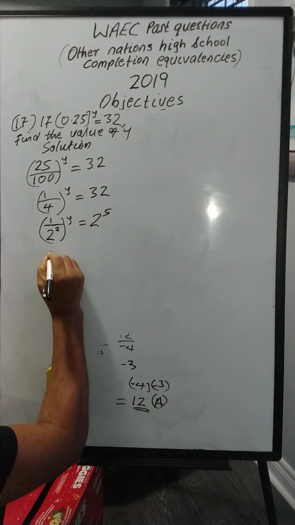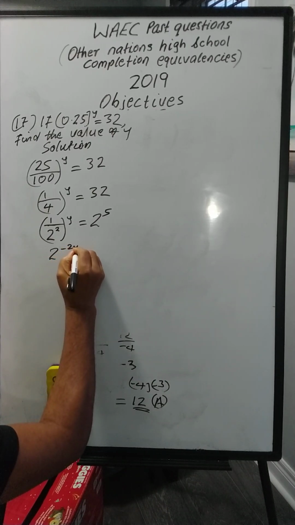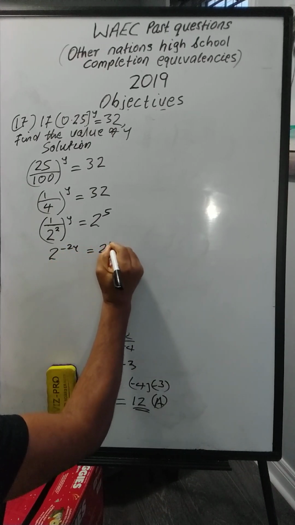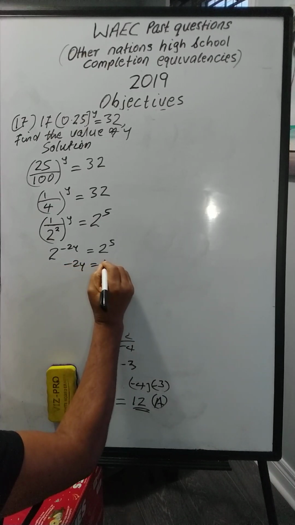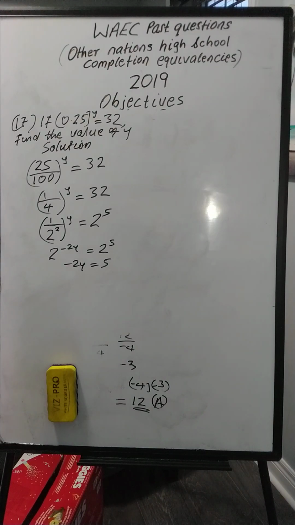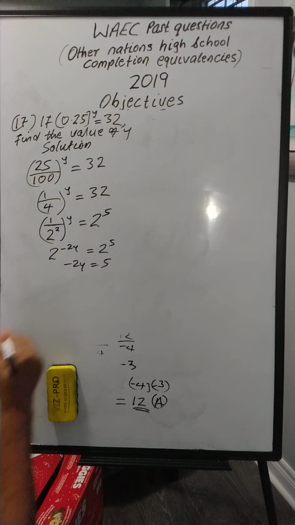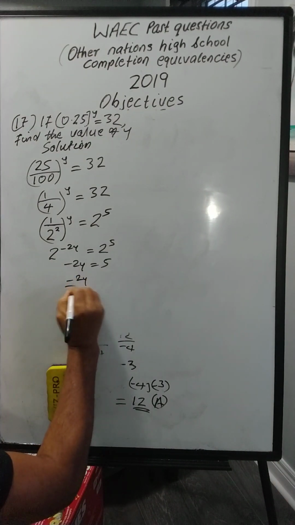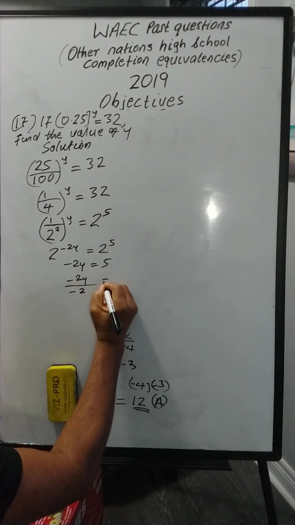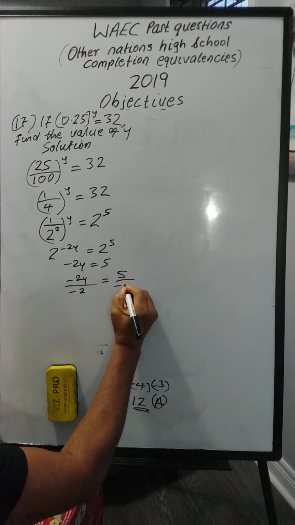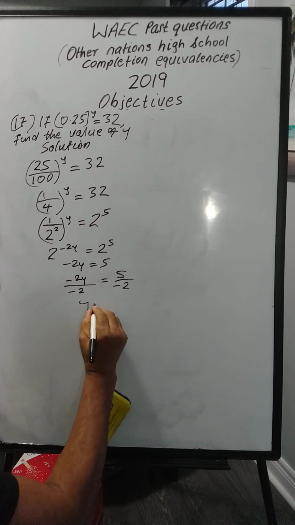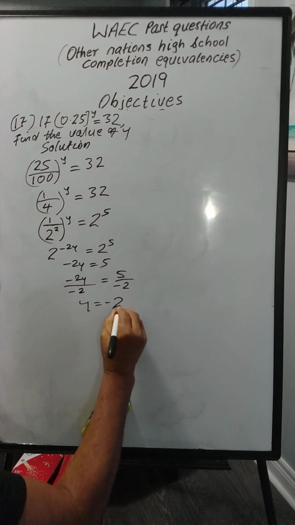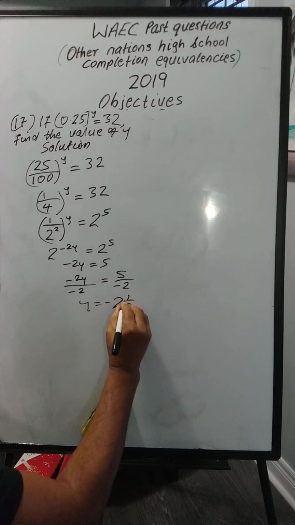This will give us 2 raised to power minus 2y is equal to 2 raised to power 5. We have given both sides the same base 2, and it cancels itself. Therefore, minus 2y is equal to 5. So minus 2y divided by minus 2 is equal to 5 divided by minus 2. Therefore, y is equal to minus 2 whole number 1 over 2.